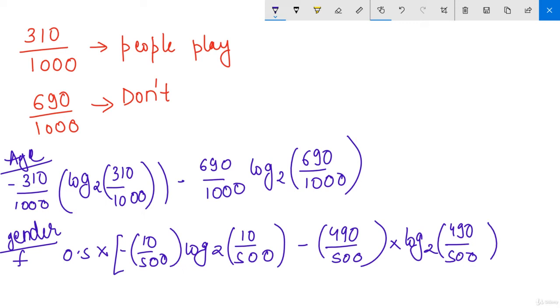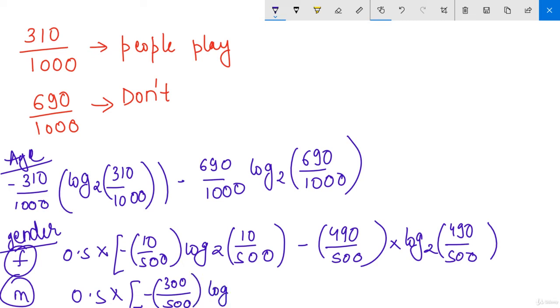Similarly for males, 0.5 into 300 divided by 500, minus 200 by 500 log 2. Just look at the values in your notes. I have not drawn this again because it will be time consuming.